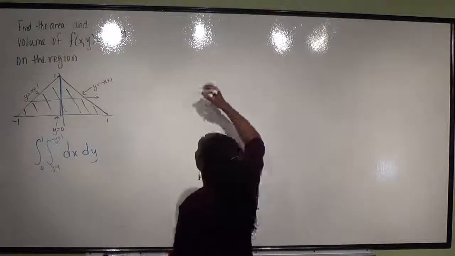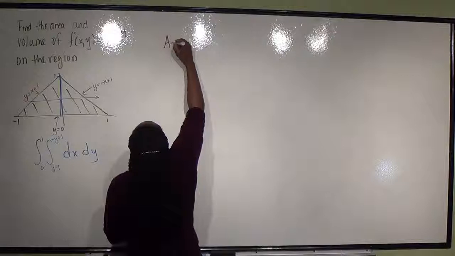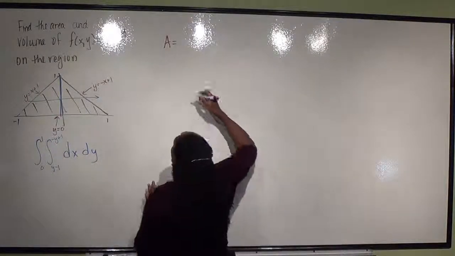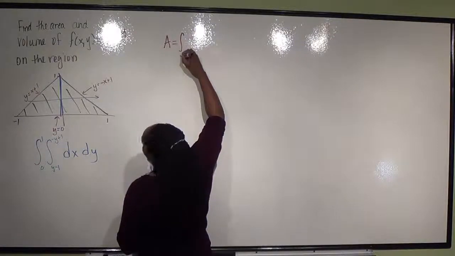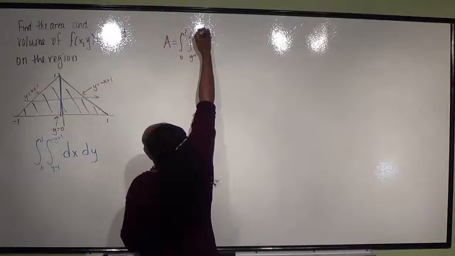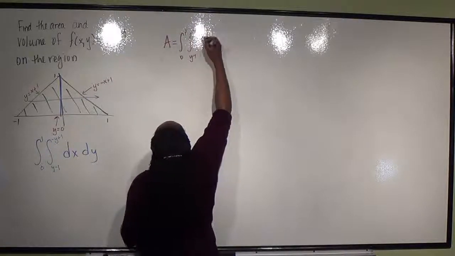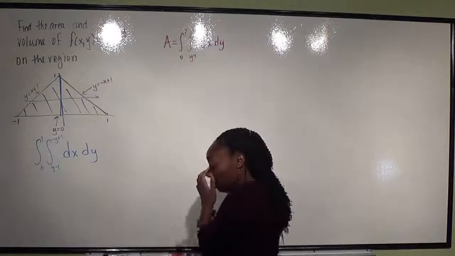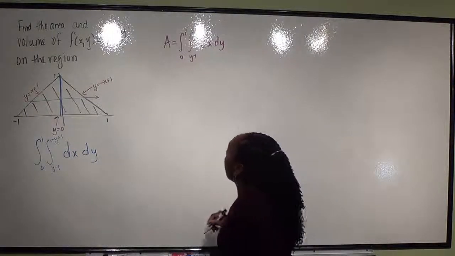Okay? For the first part, my area, well, we've basically already set it up. Again, we don't need our function in there, so the integral from 0 to 1, integral from y minus 1 to negative y plus 1, dx dy, that'll give me my area. Okay?